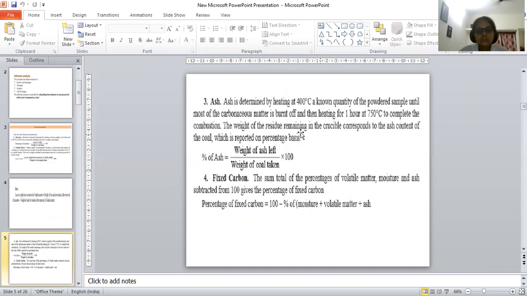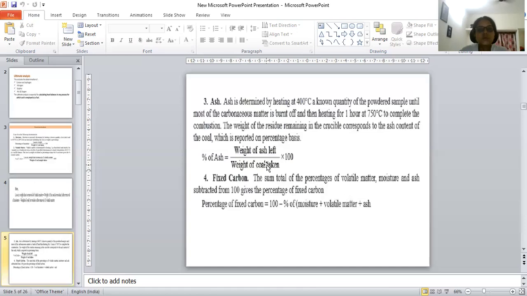Same thing here also, we have to take a sample of coal and heat it at about 400 degrees centigrade for 1 hour in a muffle furnace. The residue that remains is what we need to take. The formula is percentage of ash is equal to weight of ash left by weight of coal taken into 100.